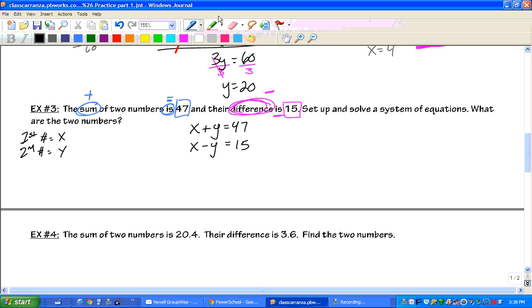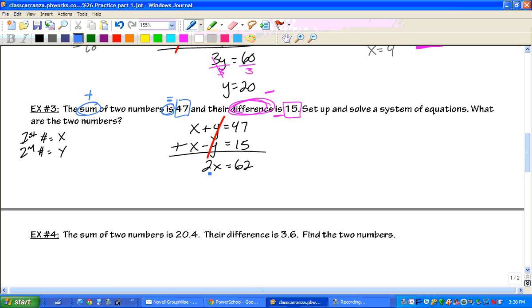Okay, so the nice thing about this is we would do elimination, correct? Look at your y's. They're already opposites, okay? So we can add these up. Your y's cancel right away. And now x plus x is 2x equals 62.